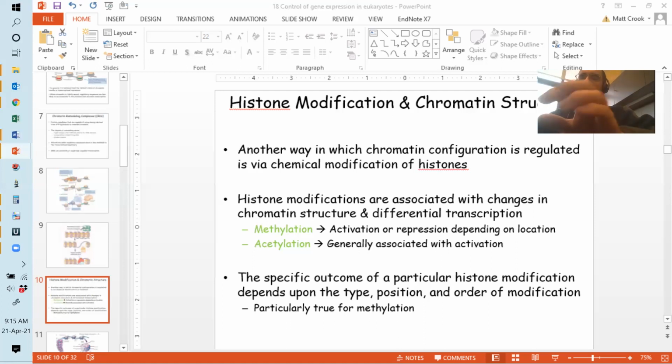So how nice. Why does lysine not look right now? Spelt it. Huh? It's always weird when you type stuff up. Sometimes it just doesn't look right.